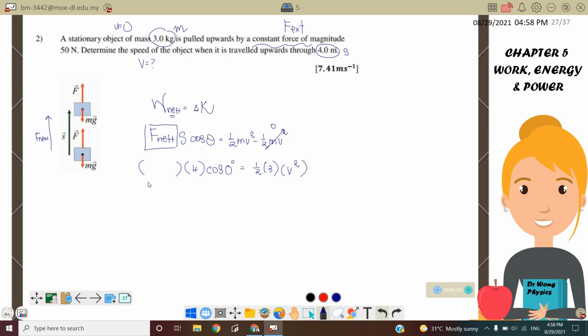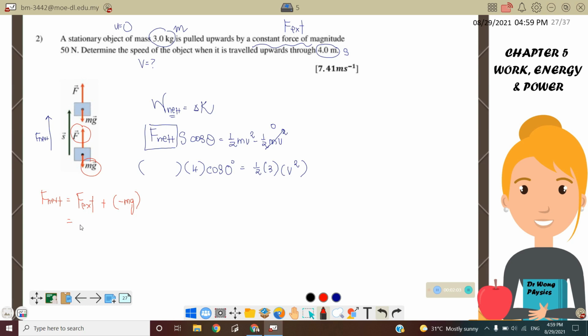To find F net, of course you need to go back to chapter 4, forces. F net equals the force in the same direction as the motion, which is positive, so F external is positive, plus the weight, because it is going downward, so we must put negative mg.